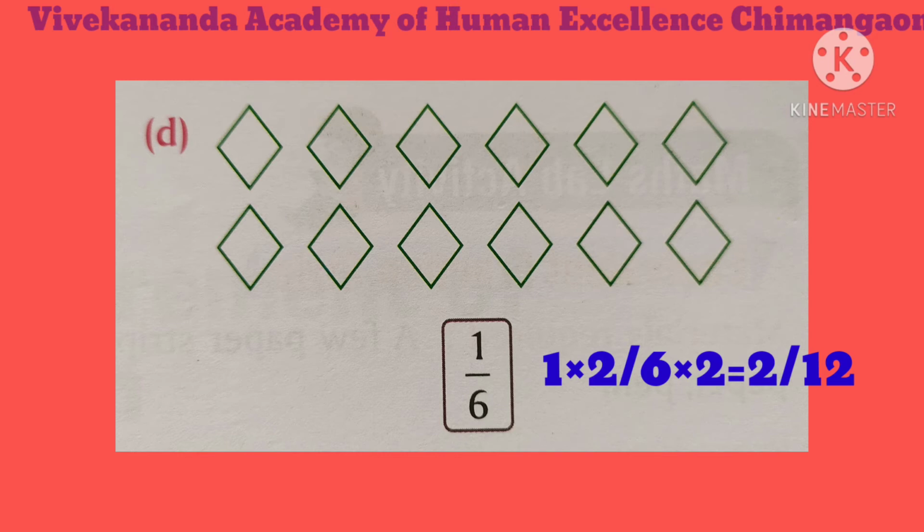If you count the quadrilaterals here, the total is 12 quadrilaterals. So from that we have to shade 2 quadrilaterals. So now we will shade 2 quadrilaterals. So we get the equivalent fraction of 1 upon 6 as 2 upon 12.